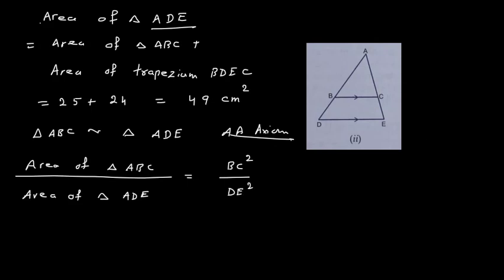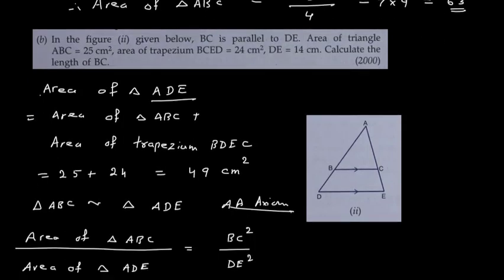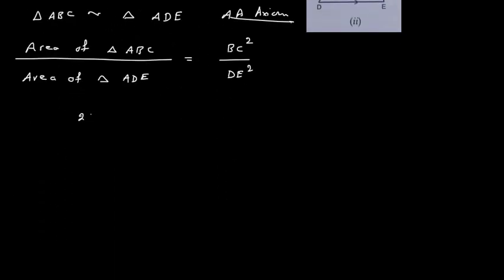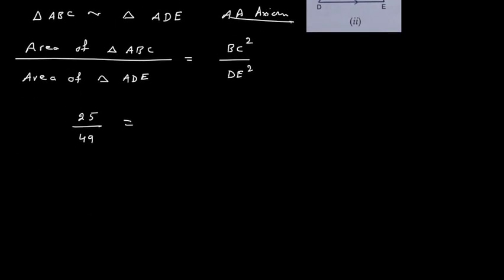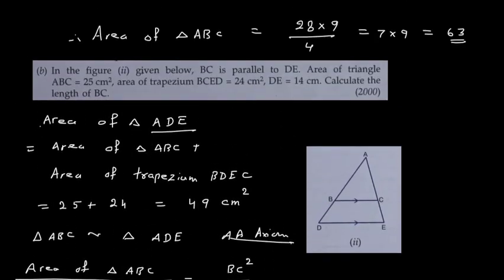We know the area of triangle ABC is 25 and the area of ADE is 49, so 25 upon 49 is equal to BC upon DE, the whole square. The value of BC we don't know, but the value of DE is 14.